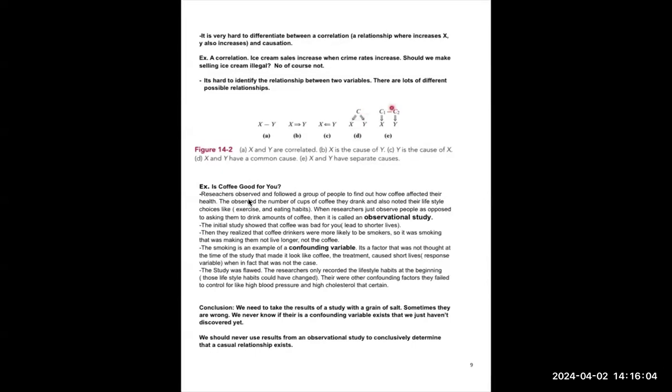Or there could be two correlated things, one causing X and the other causing Y, but those two are correlated to each other. So there are all kinds of reasons why it may appear that one thing causes another, but it not be the case. Let's look at this example.